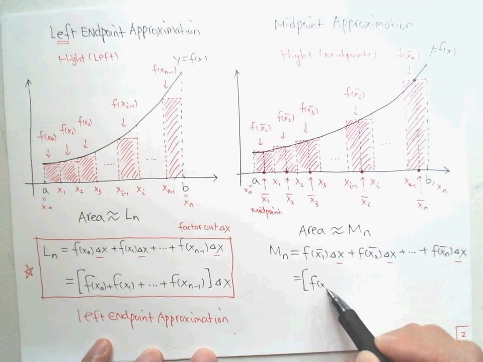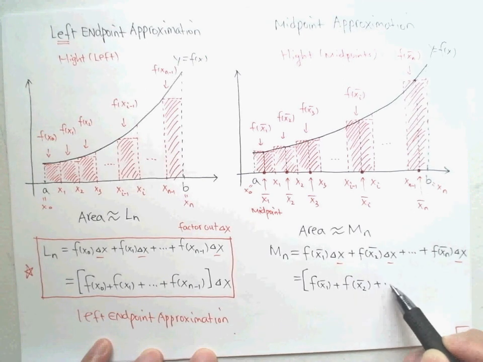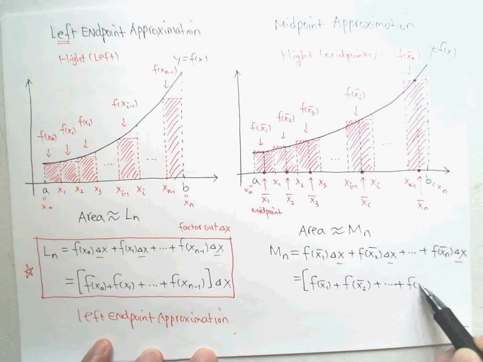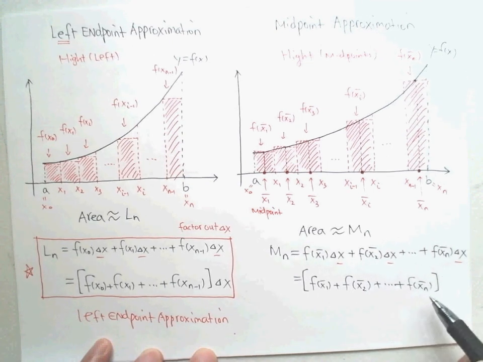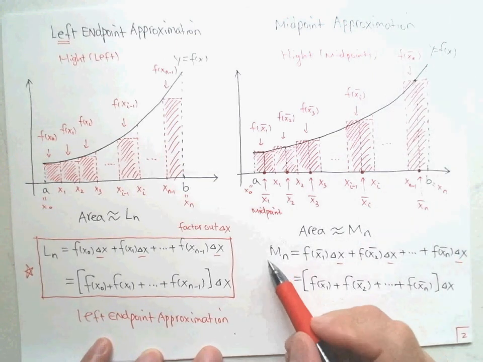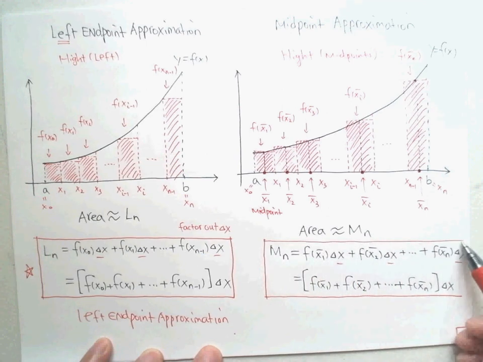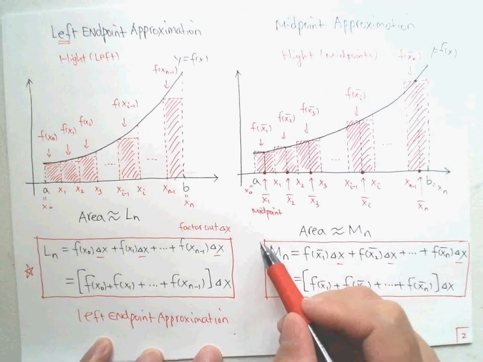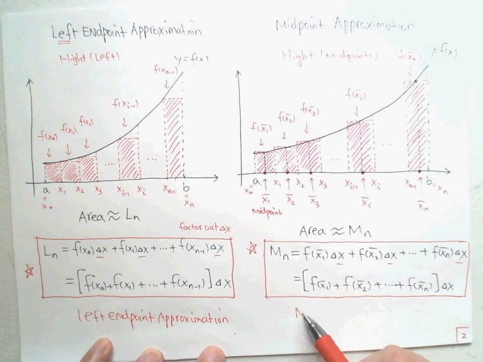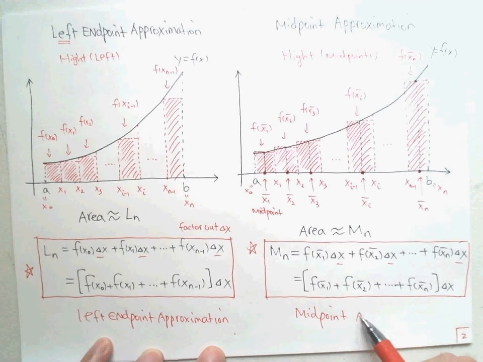We have f(x1 bar) plus f(x2 bar) plus up to f(xn bar). All this is the sum of all the heights, and then times delta x, the width. This is the formula for the midpoint. So I highlighted this, and this one we call the midpoint estimation or approximation.